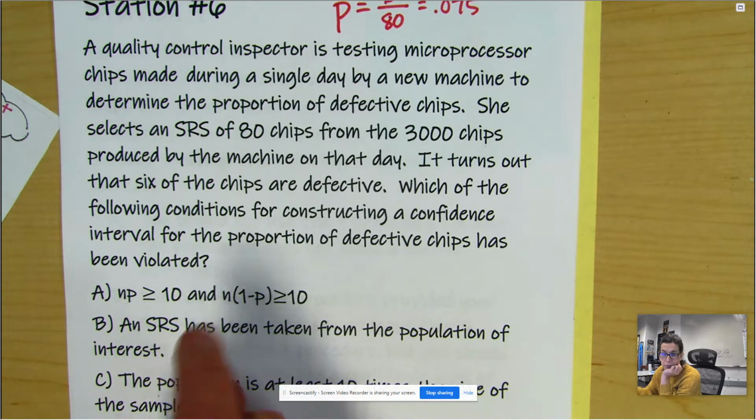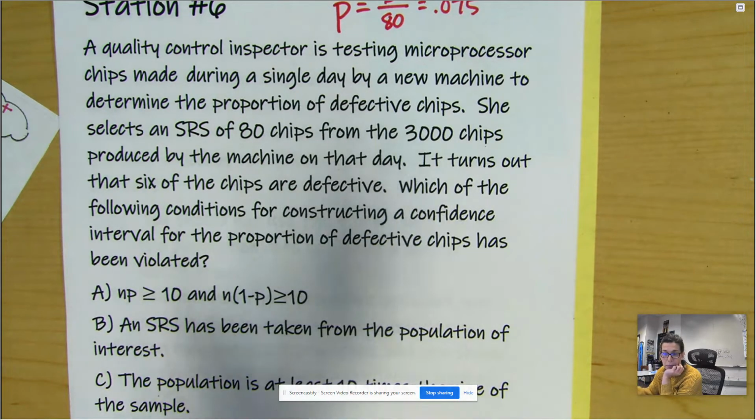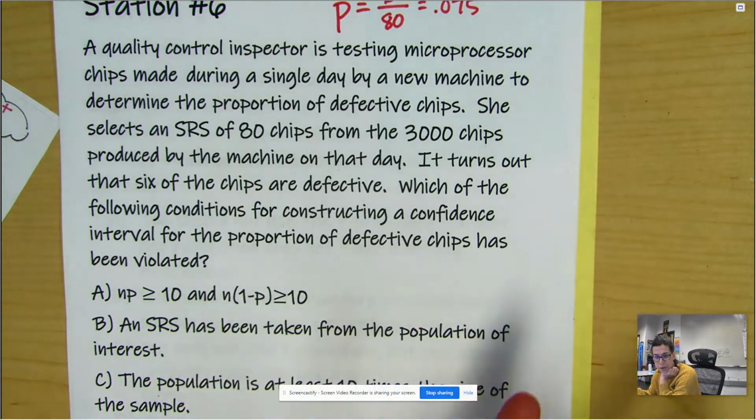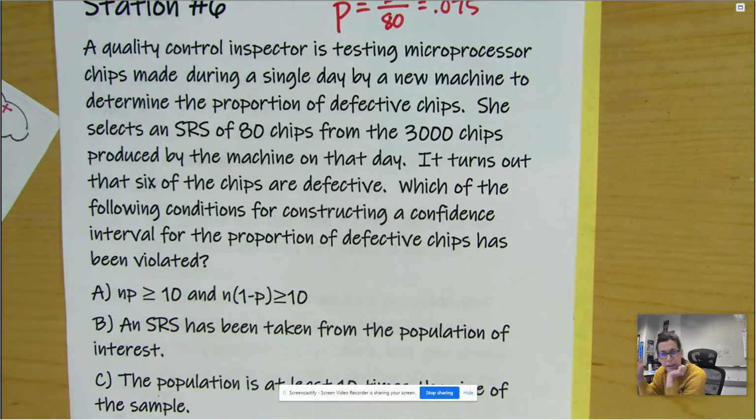is it large enough, right, with the proportion that we have to be greater than or equal to 10 when you're calculating the proportion of your sample that are going to be defective and the proportion that are not going to be defective. Since such a low amount are defective, you're probably going to have some issues.